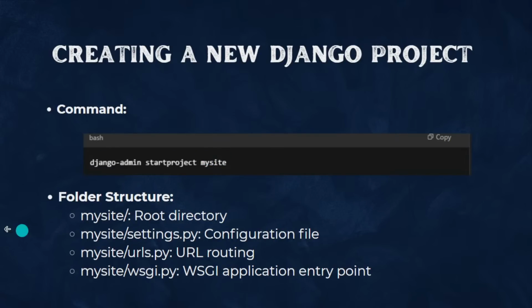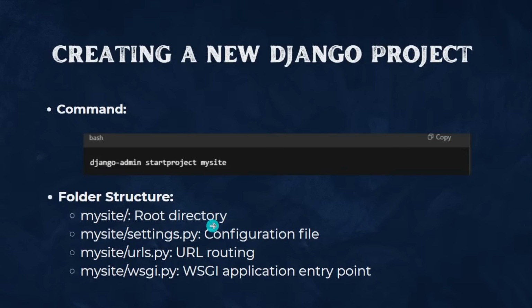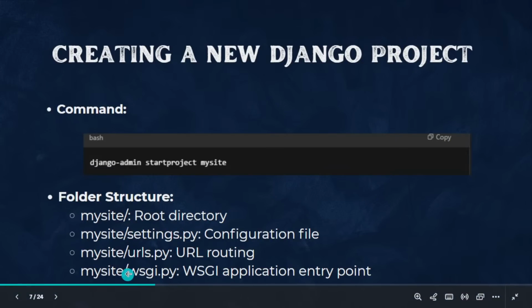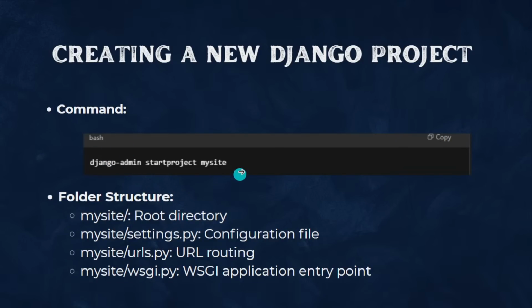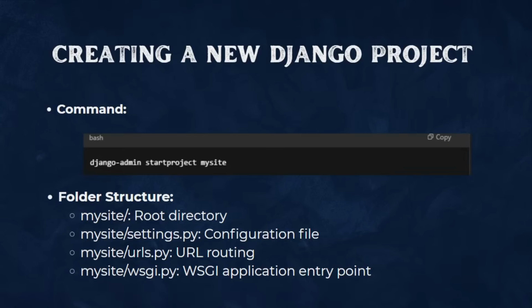When you type this command in the terminal, it automatically creates a folder containing files like settings.py, urls.py and wsgi.py. This is how we create a new Django project.